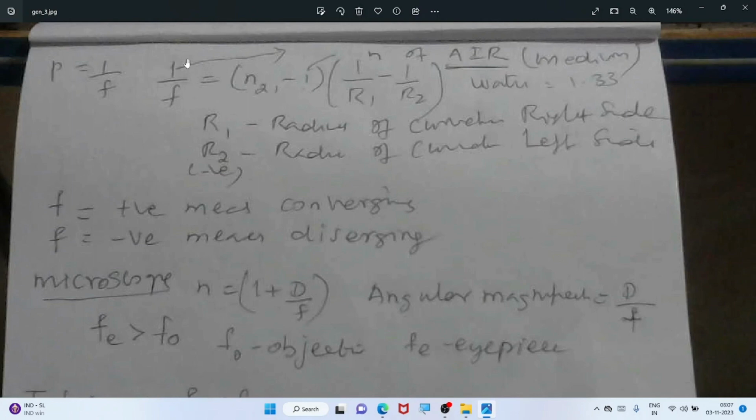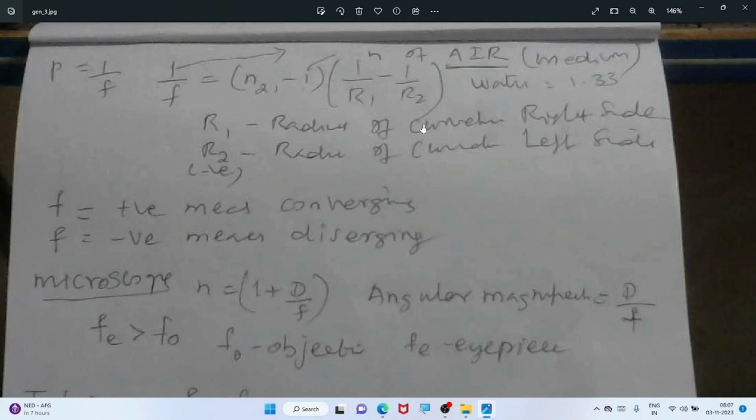This 1 is nothing but the refractive index of air. If there is some other medium, then this 1 has to be replaced with that number. Let us say glass, then it is replaced with that number. That is important. In this lens maker formula, these two ones are the refractive index of air.